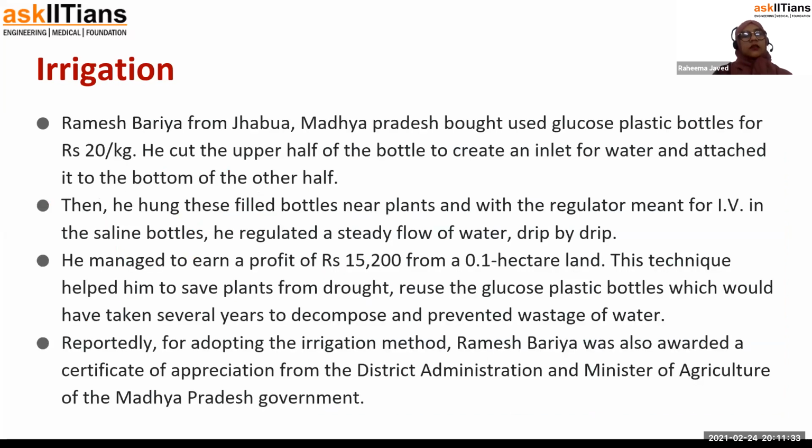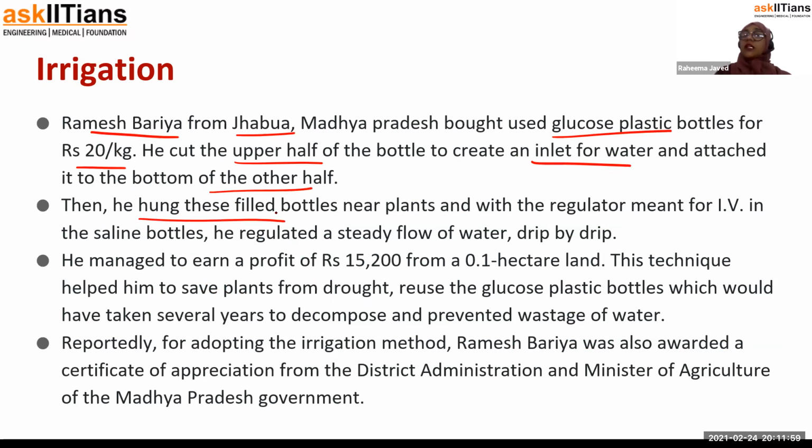I have a little story of Ramesh Baria from a small district in Madhya Pradesh, Jhabua. He bought used glucose plastic bottles for 20 per kg, and he cut the upper half of the bottle to create an inlet for water and attached it to the bottom of the other half.